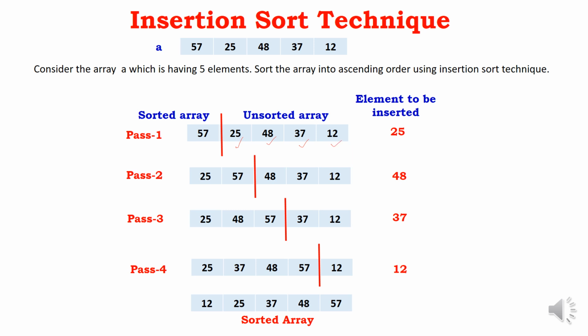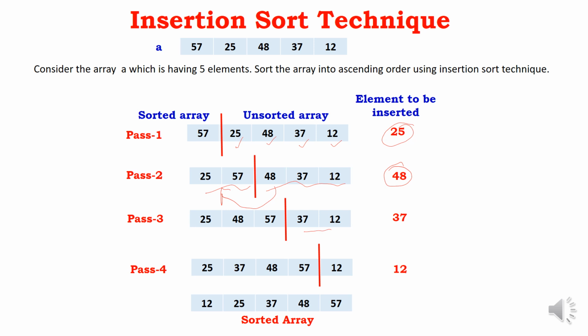In the first pass, we are going to insert 25 into sorted order. If you insert 25, the sorted order becomes 25 and 57, and the second partition contains the remaining 3 elements. Now we are going to insert 48, the next element in the unsorted array. It will be inserted in between 25 and 57. So the sorted array contains 3 elements and the unsorted array contains 2 elements.